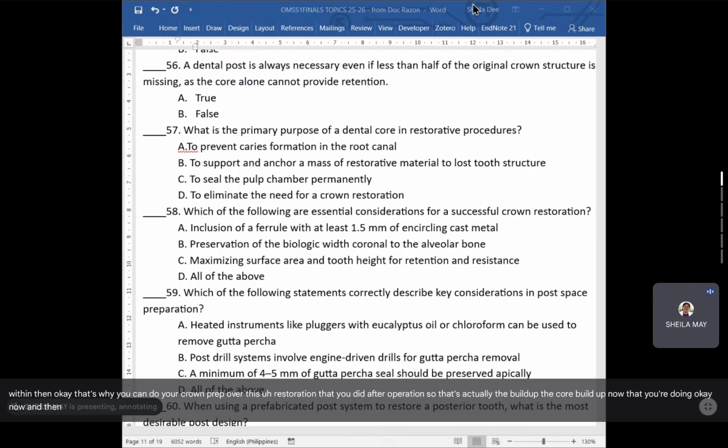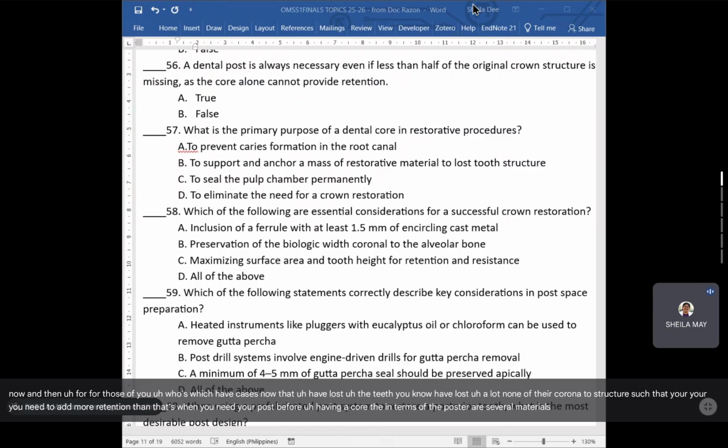And then for those of you who have cases that have lost a lot of their coronal tooth structure, such that you need to add more retention, that's when you need your post before having a core. Now in terms of the post, there are several materials and types.